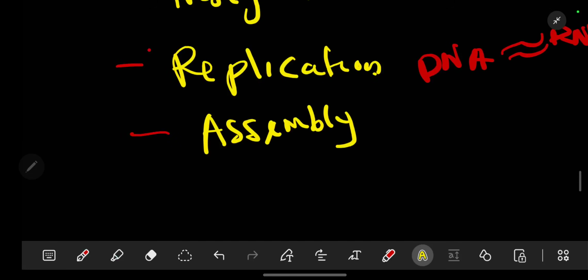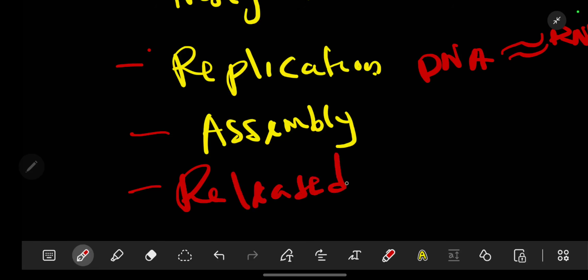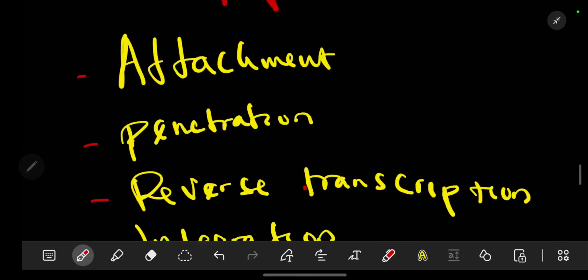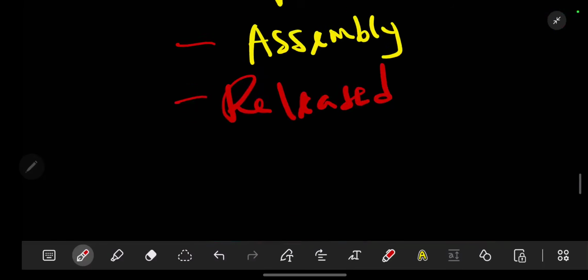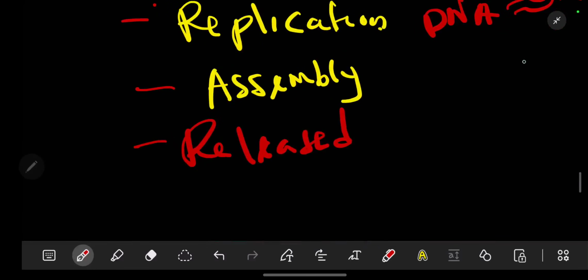When that happens, that simply means they can now be released. So that is the cycle of HIV.